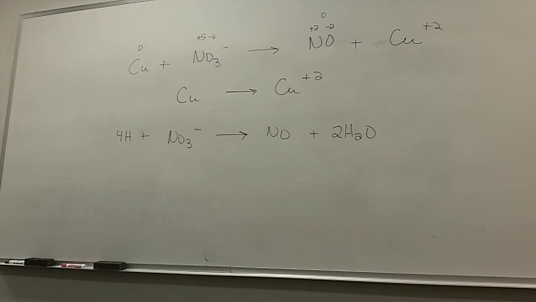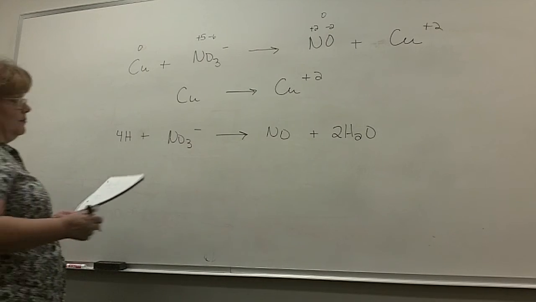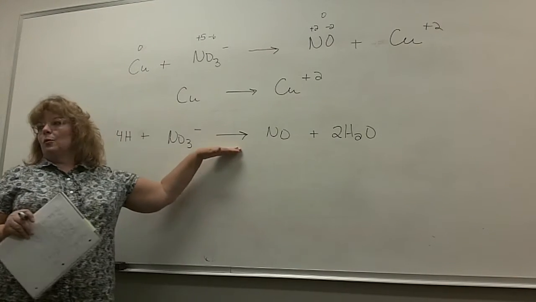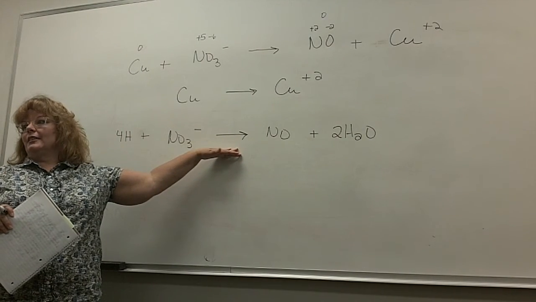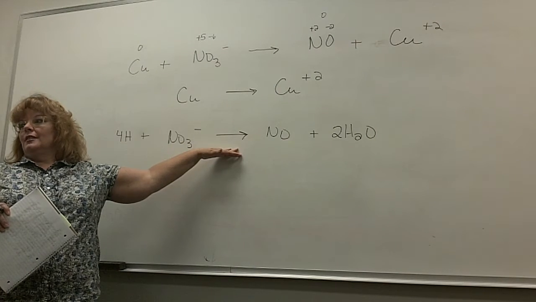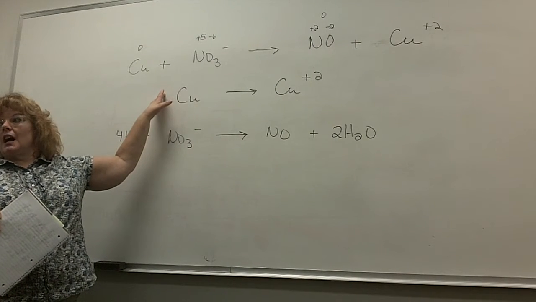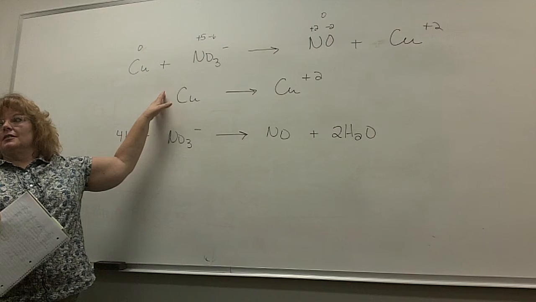Why wouldn't we add the electrons to the copper? Don't you need to add 3 electrons to the hydrogen side? I was still working with this one, since we're on that one, adding the hydrogens and water. We didn't have to add water up here because we didn't have any oxygens or hydrogens to balance.